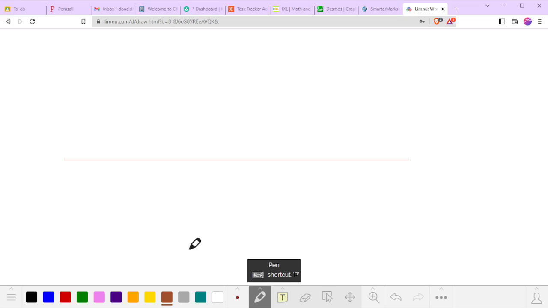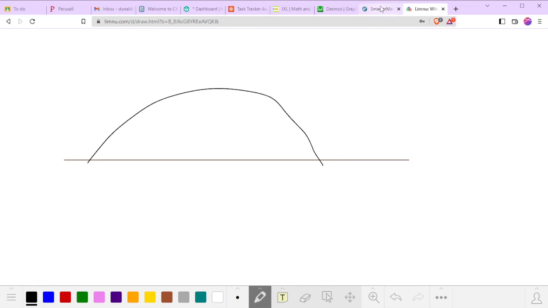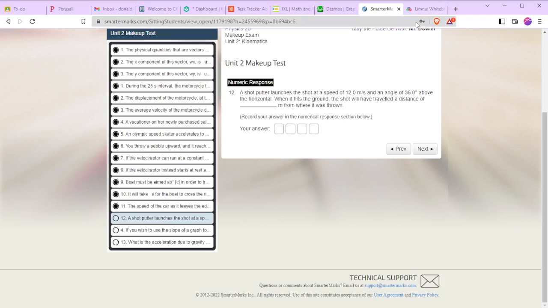Okay. So we have ground level. And we have a golf ball that goes up and down in a parabola that's a lot more perfect than what I just graphed.